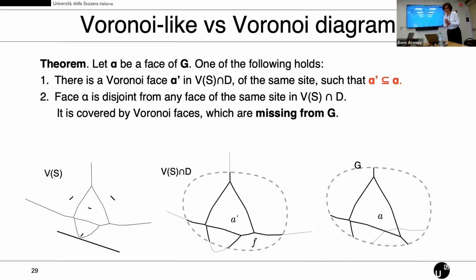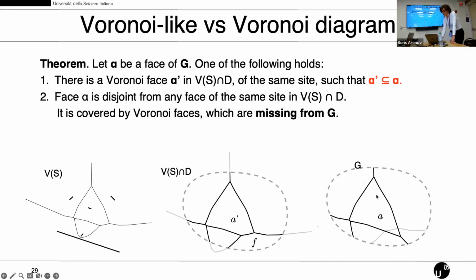So there is the following observation. Let's say we have a Voronoi-like graph G. Let's take any face on this graph G, a face A. One of the following must hold.